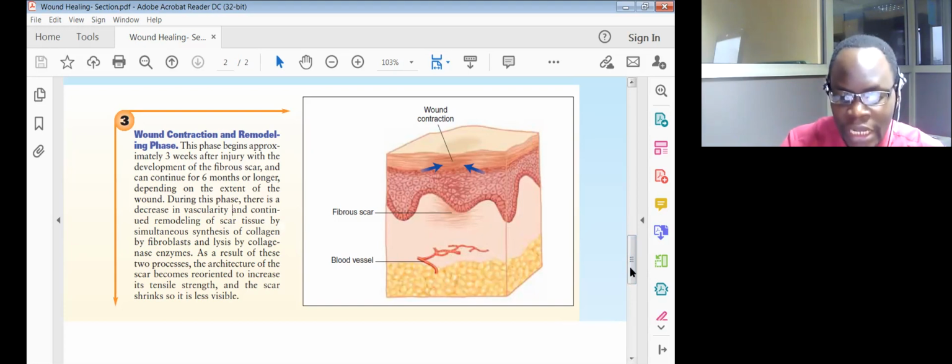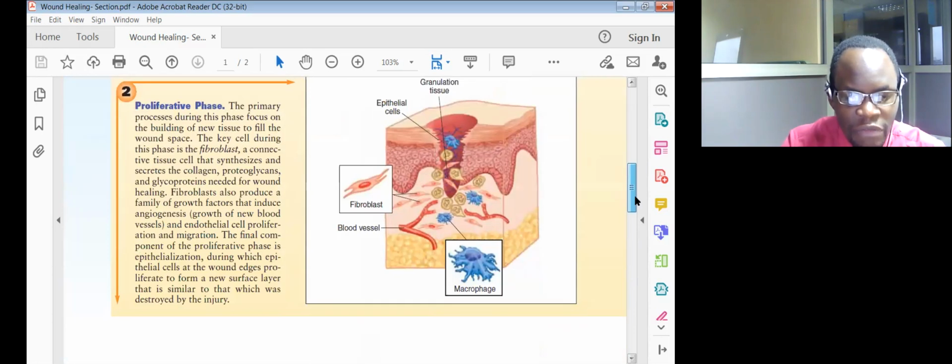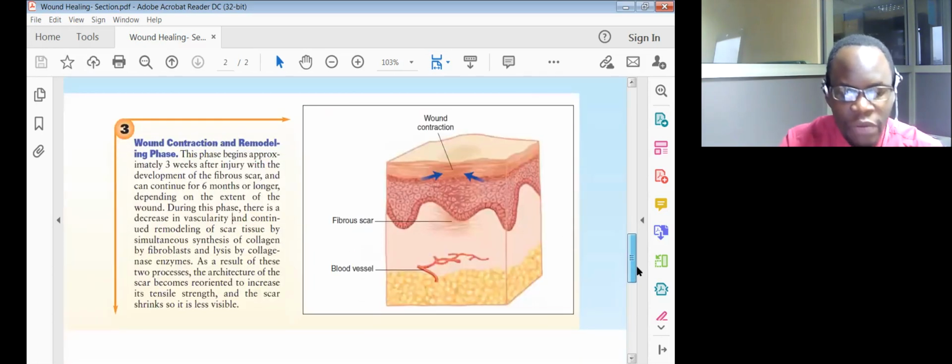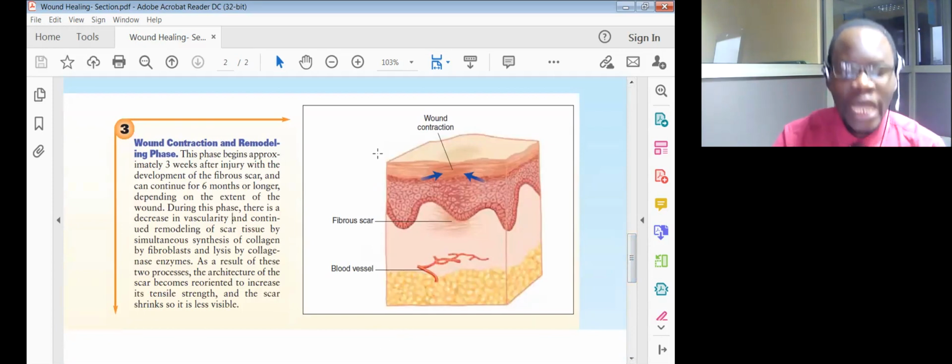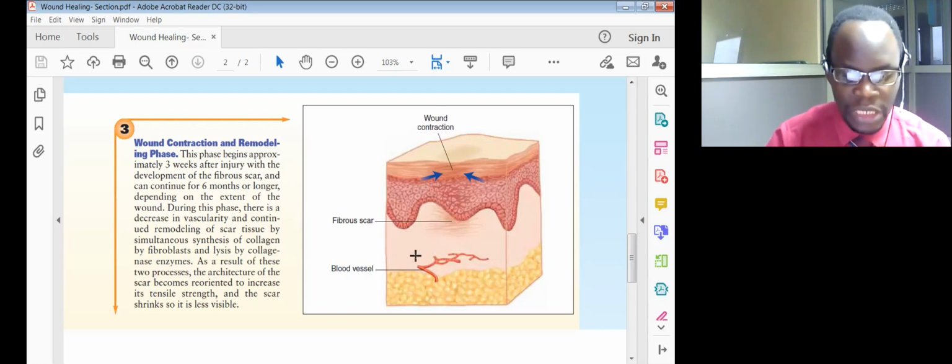So we are saying first is the inflammatory phase, then we have the proliferative phase, and then the wound contraction and remodeling. That is typically what occurs for cutaneous wound healing. Those three phases are typically what occur.